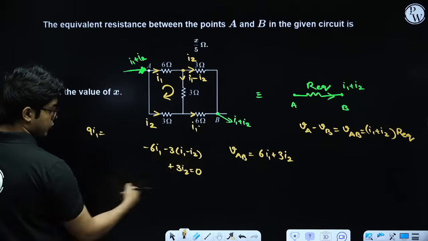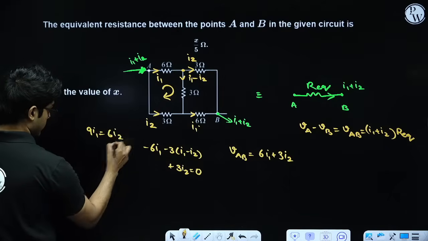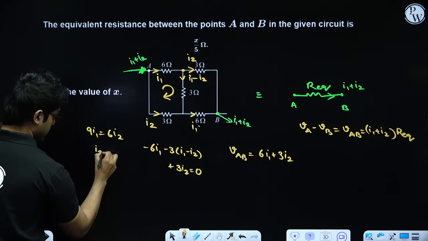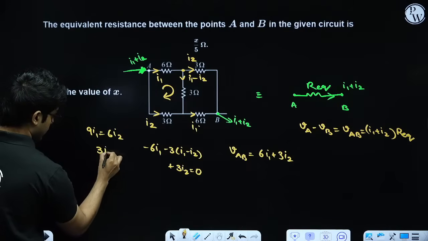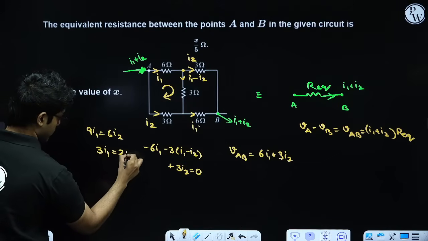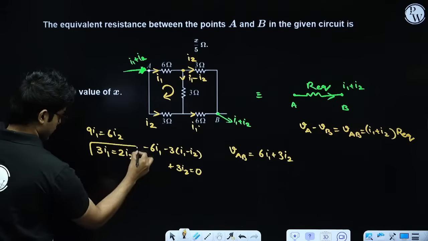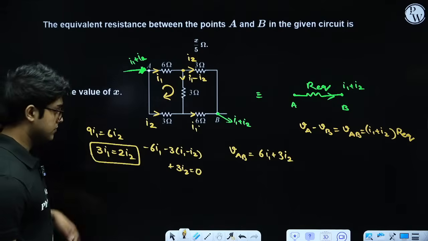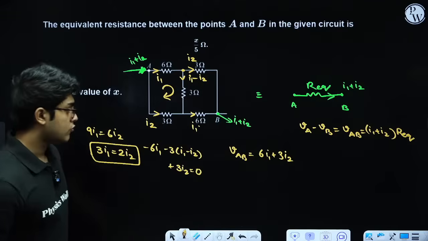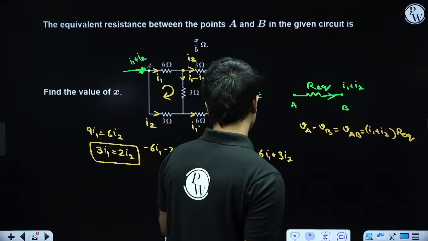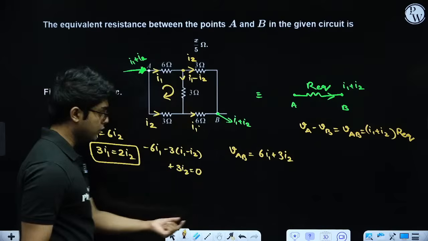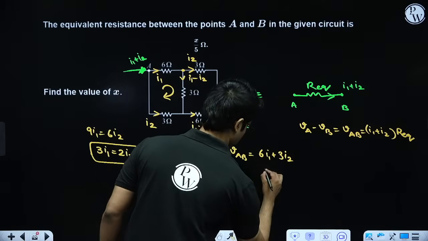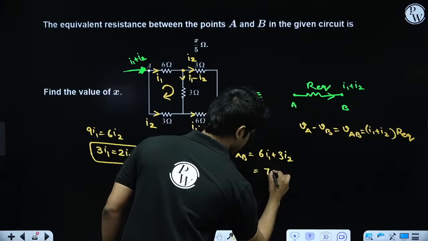Here we have 3I2 plus 3I2, 6I2. So 3I1 equals 2I2. Okay, so this is another relation. Now 3I1 is 2I2, so 6I1 is 4I2. So 4 plus 3 is 7I2.